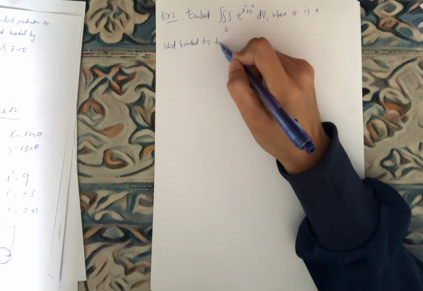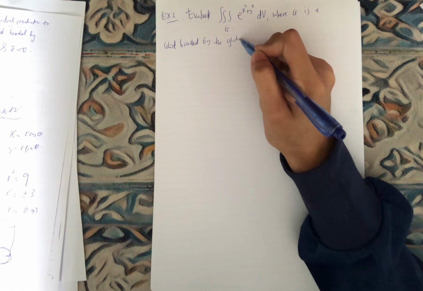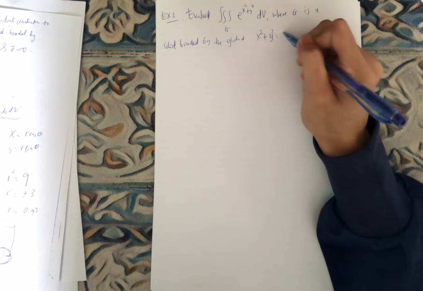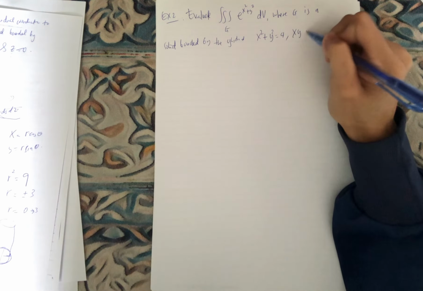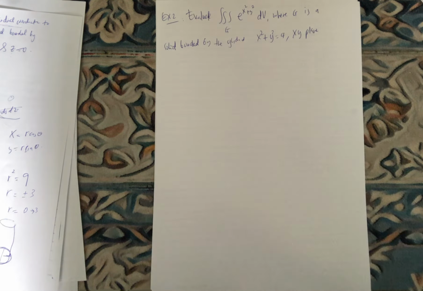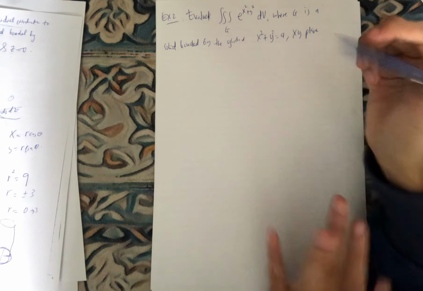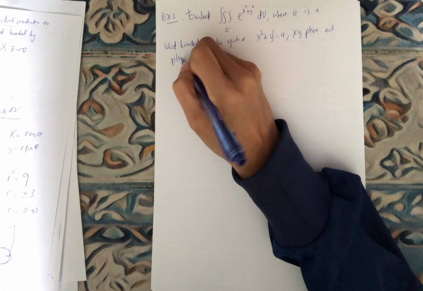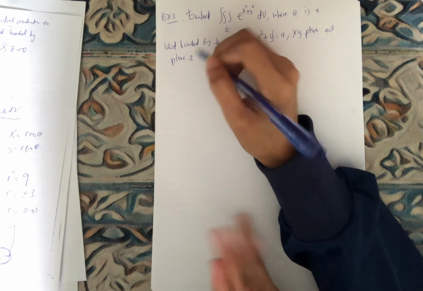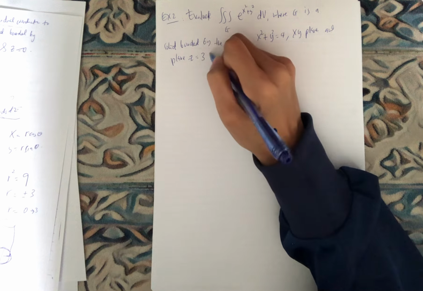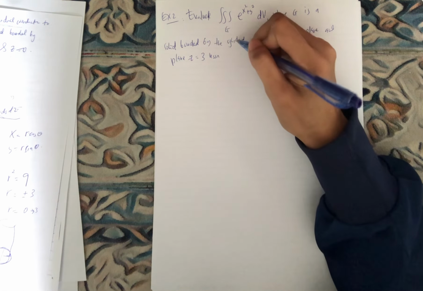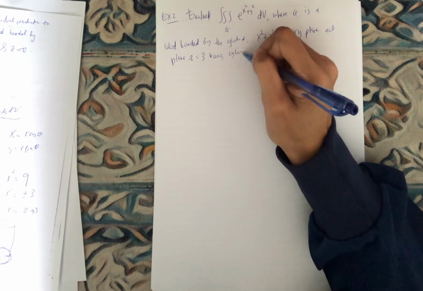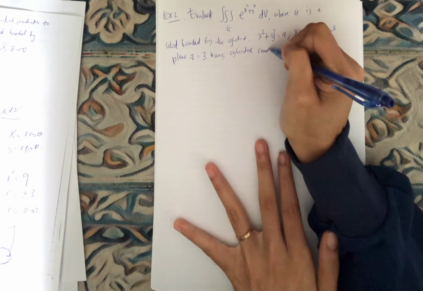By the cylindrical coordinates, x square plus y square equal to 4, xy plane, okay, xy plane means the axis between x and y, and plane z, which is just plane z equal to 3. This is a cylinder, using cylindrical coordinates.